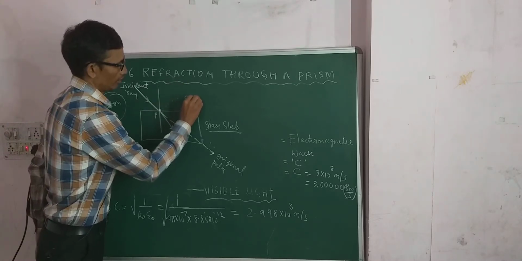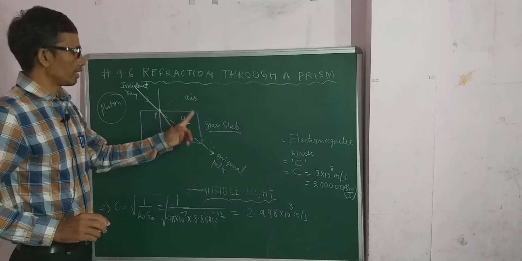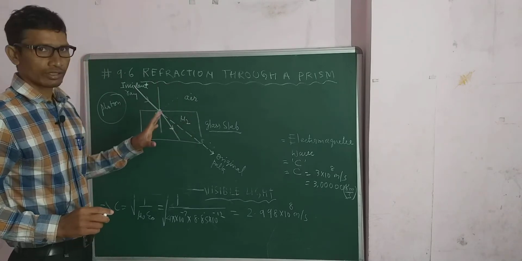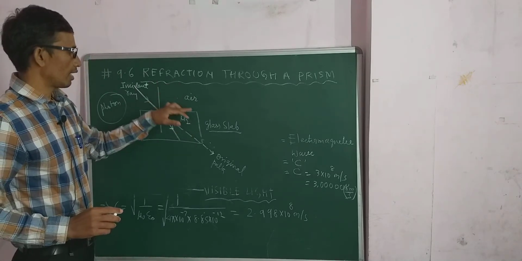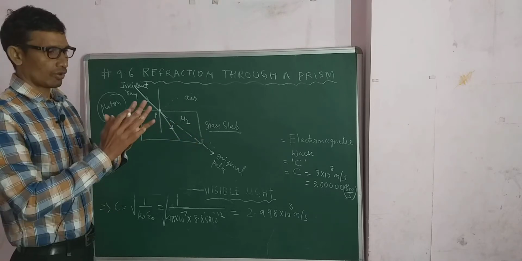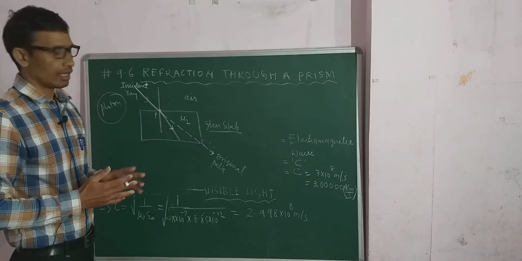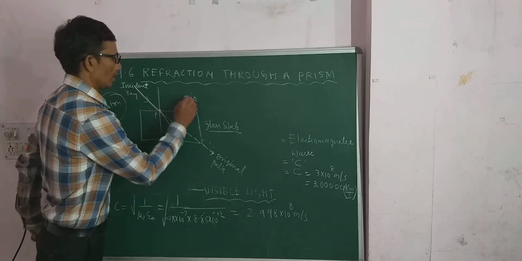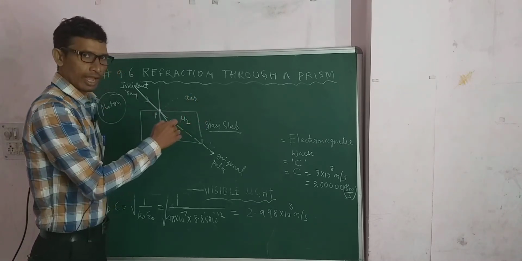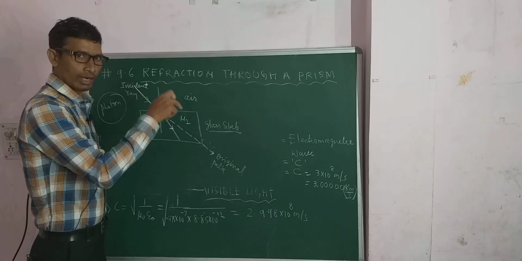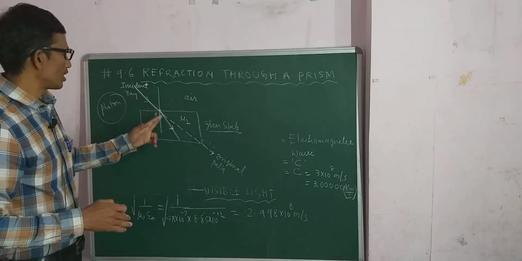This is air. Air and glass are two different things. Their density is quite different. There are two mediums, different from each other, and when light travels from one to another, then refraction takes place.